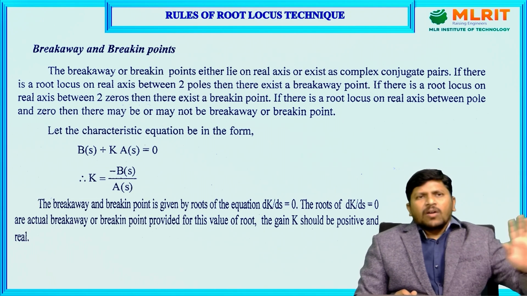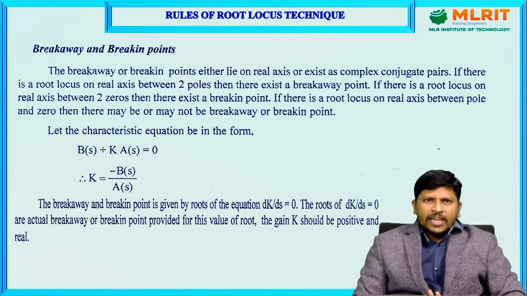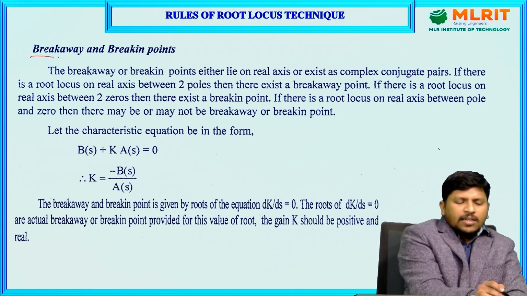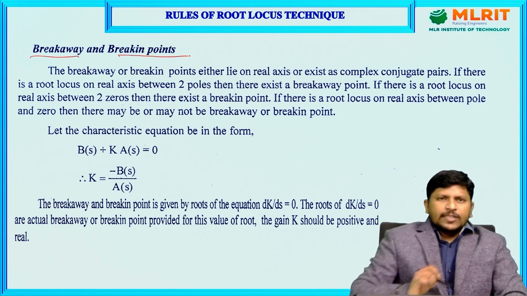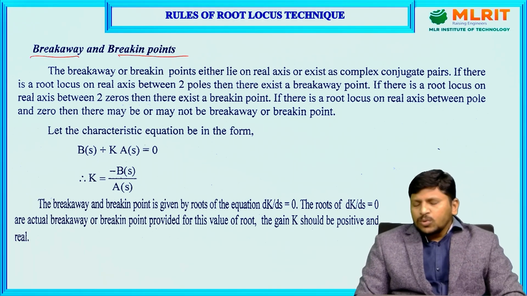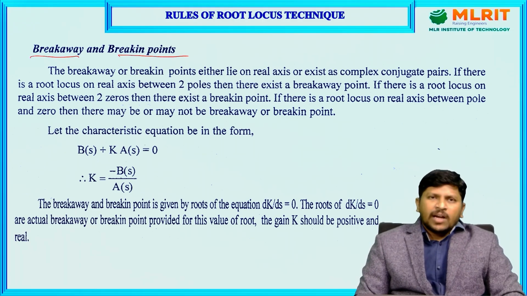Here, observe the next rule, coming to the breakaway points and break-in points. Calculate the breakaway and break-in points. First, we need to know what is meant by breakaway and what is meant by break-in point.